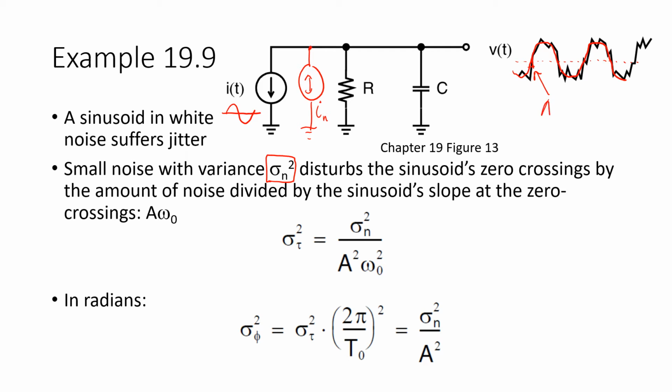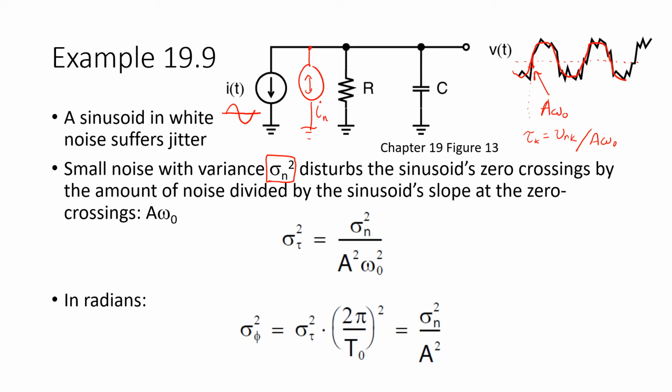The slope of the zero crossings is A times omega naught. Therefore, each zero crossing will deviate from its ideal value by an amount tau equal to the noise sample, let's call it VNK, the sample of voltage noise that arises at that zero crossing, divided by the slope A omega naught.